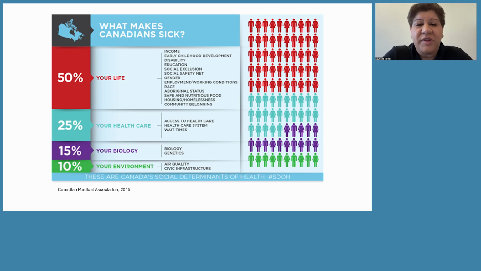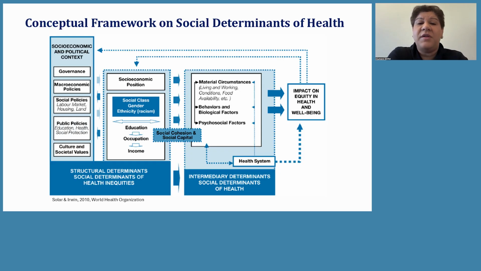Well, 25% of that is your healthcare, 15% is your biology, 10% is your environment, and a full 50% is what they call your life, or effectively your social conditions. And so the point of this infographic is to tell people that even though things like genetics may matter, most things are really about your social determinants, which is kind of consonant with what we've been saying.